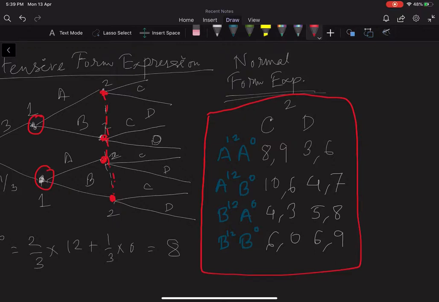In the normal form expression we are writing down the full strategies of each player, and we are using the probabilities with which the different types are chosen by nature to compute expected payoffs for each player to write down in the cells. Okay, and this is how it is done. So in the next video I'll talk about how to solve these kinds of games.